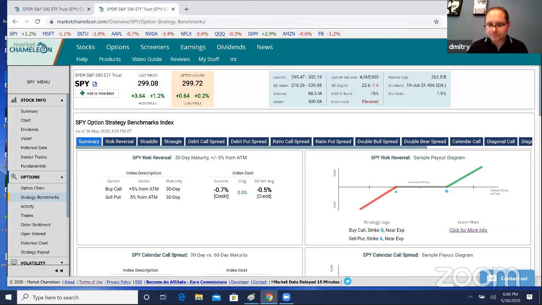So over here, I'm just going to take this first one here. And this is a risk reversal. In SPY, what this is doing is it's benchmarking on a 30-day maturity, right?